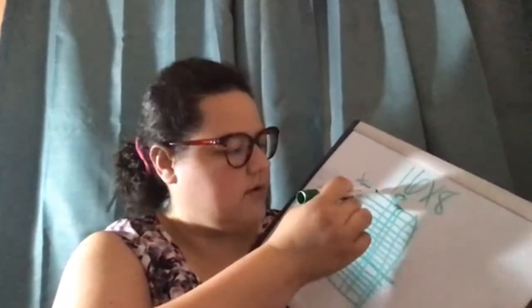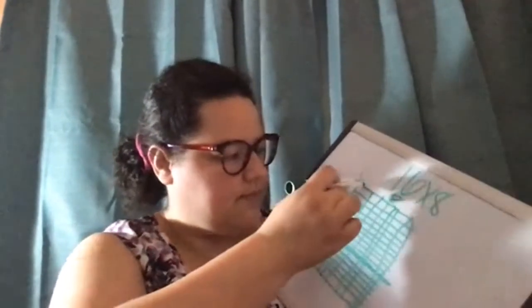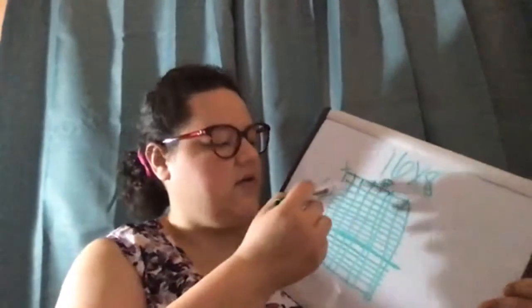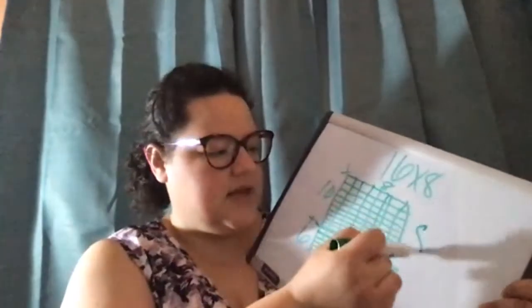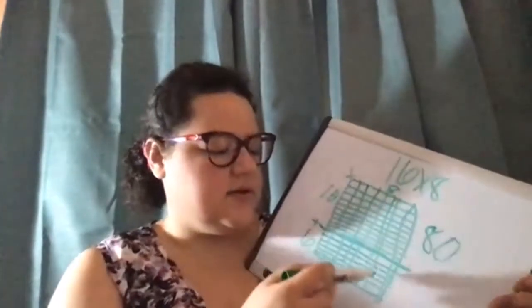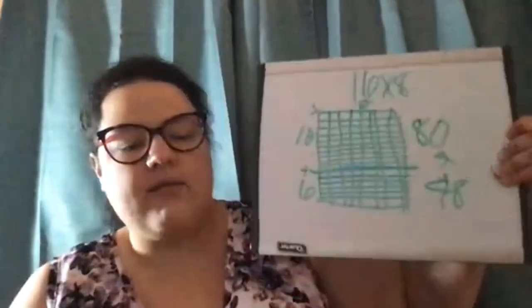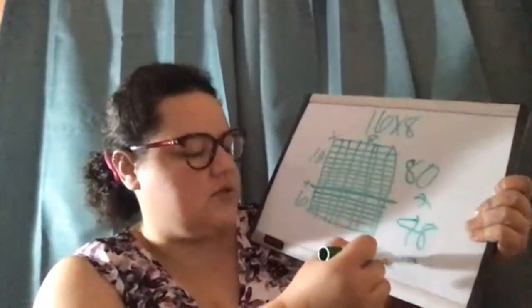Then you could count all the squares in here, which would be 80, because 10 times 8 is 80, and all the squares in here, which is going to be your 48. Either way, it works out to the same 128.